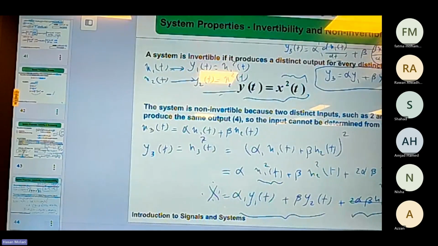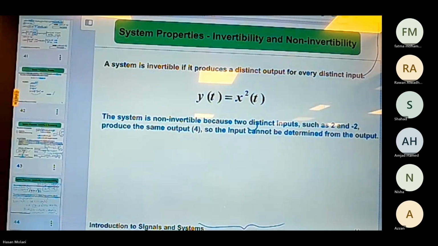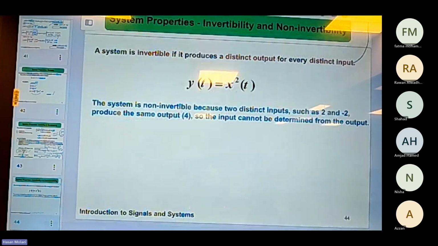You clear? What is invertibility? Invertibility means for any input we should have only one output, and vice versa.